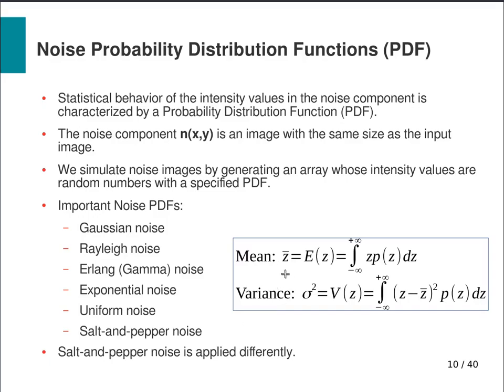The mean value is usually shown with a bar. So z bar is the mean value of a random variable z, which is also called the expectation of this random variable, and is defined as the integral from negative infinity to positive infinity of z multiplied by p(z) dz. Here z is the random variable itself and p(z) is its probability density function.